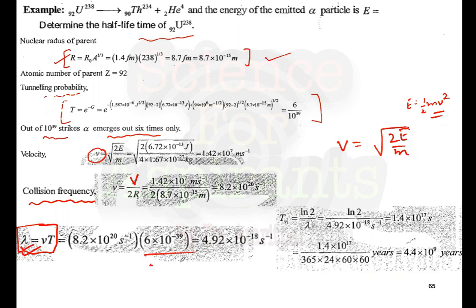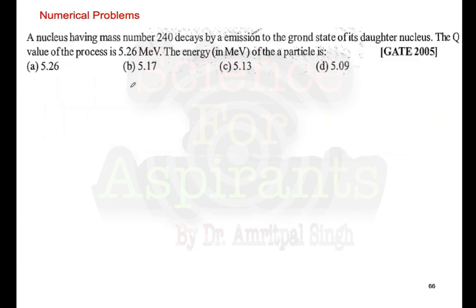Once you find the lambda value, from that you can find the half-life period of that particular uranium atom. So you see how from a given reaction, if we only know that it is emitting this much energy particle, on the basis of quantum mechanical tunneling we can find the half-life of a particular material. So let us do some numerical problems.